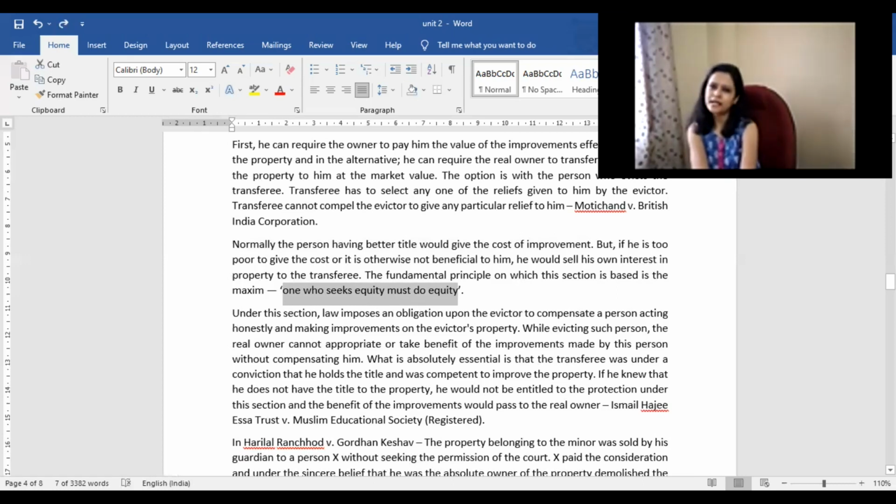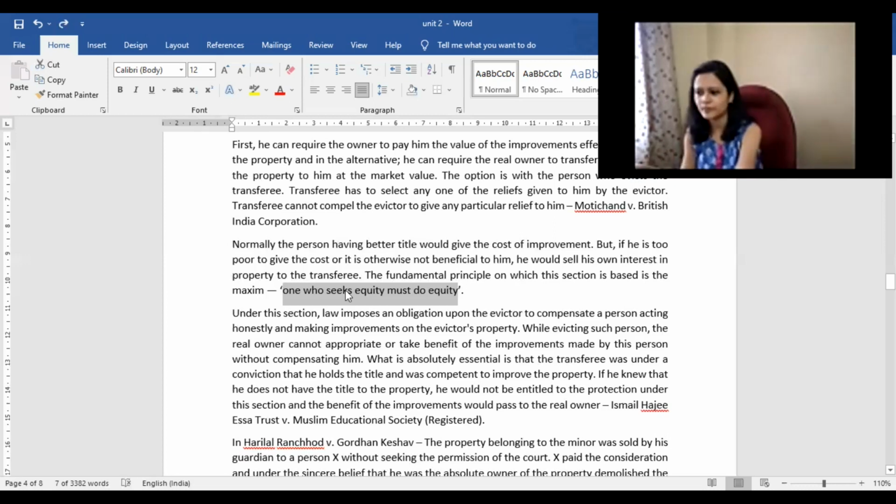So if you are asking for equity, you have also done equity, right? On good faith only, you had believed in it. So the evictor also needs to do proper things only. If you are saying that, no, I'm the owner, you give me possession of the property, you also need to do equity. You also need to make the payment for all the improvements which were done.